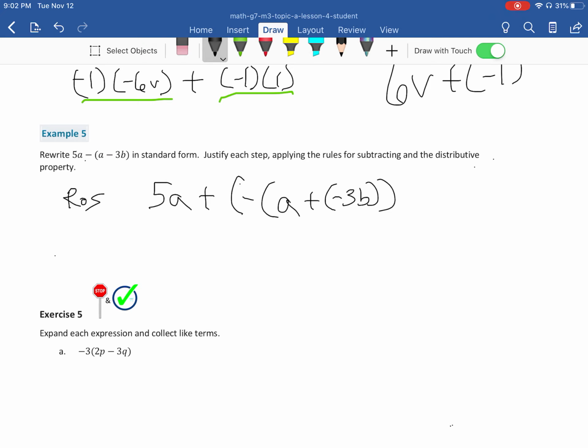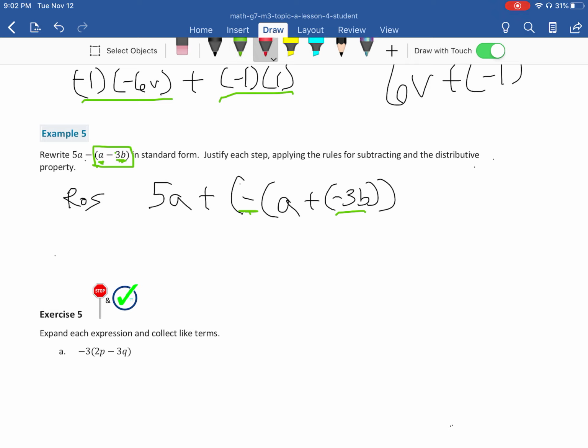So I took the opposite of 3b, which is negative 3b, and then the a stayed the same, but then I took the opposite of all this with that negative sign right there. Now we're going to distribute out.